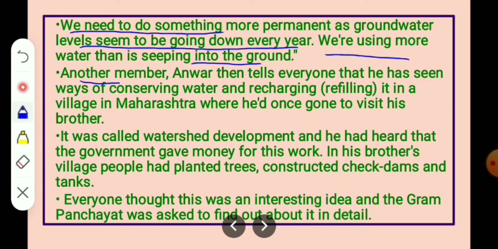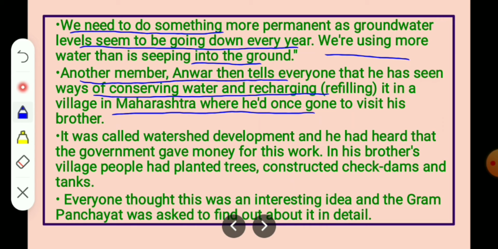Another member, Anwar, then tells everyone that he has seen ways of conserving water and refilling it in a village in Maharashtra where he had once gone to visit his brother. So another member of Gram Sabha, whose name was Anwar, told everyone that he has seen a way of conserving water where the villagers refill the water in the village of Maharashtra.